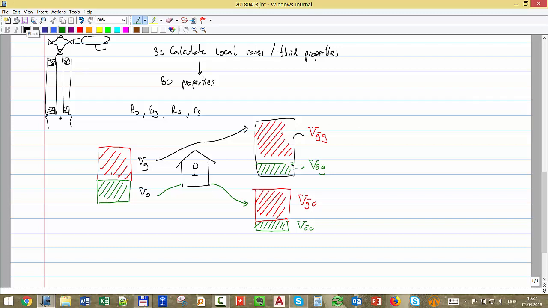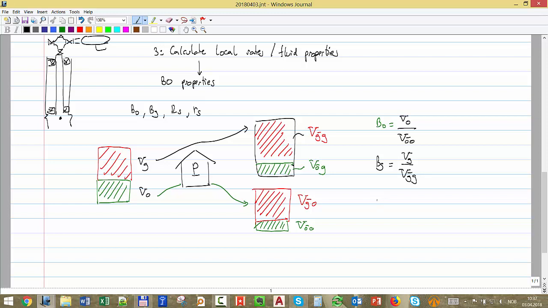Then you can define that BO will be the volume of oil divided by the volume of oil from the oil. You can define that BG is the volume of gas divided by the volume of gas from the gas.